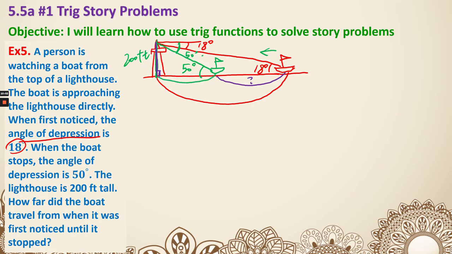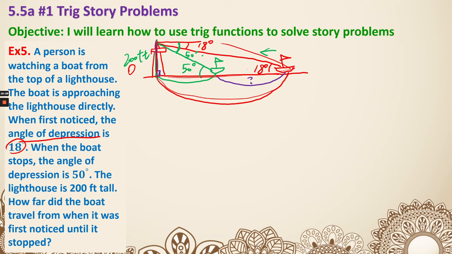And you may have noticed the difference between the first one and the second one is basically what we're trying to find. So that means you can use this bigger triangle to find this side first, and then use the smaller triangle to find that same similar side. But no matter what, if you have the 18-degree or the 50-degree, this is always going to be the opposite side.